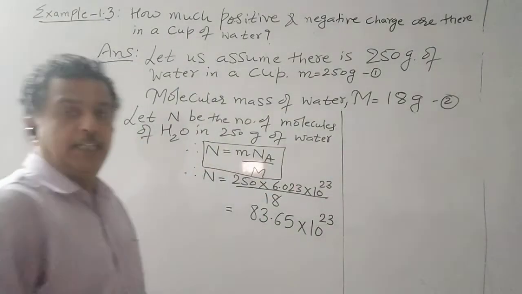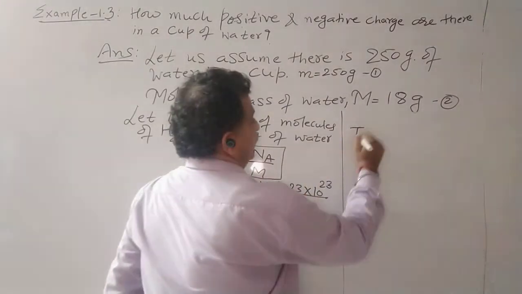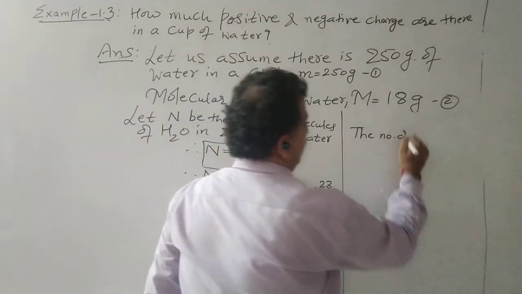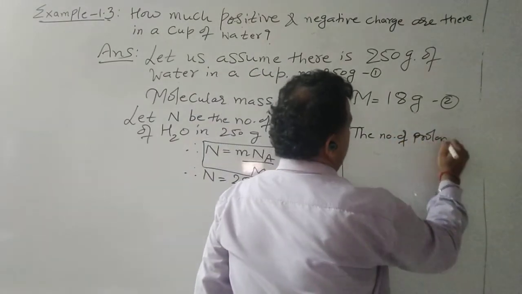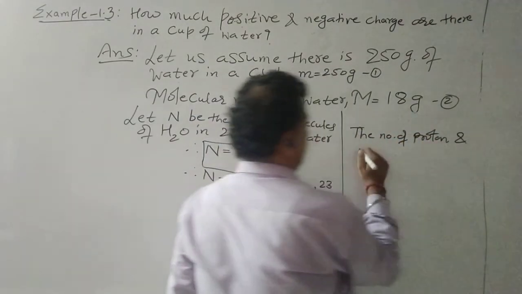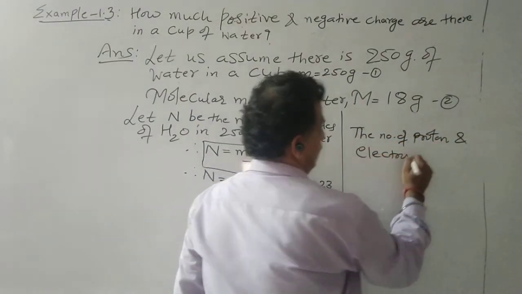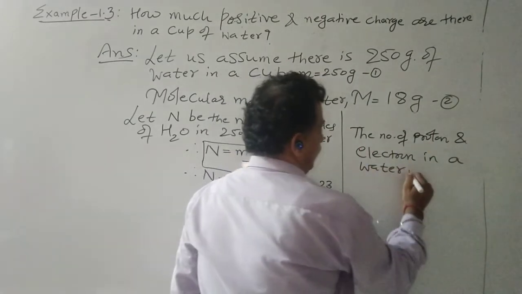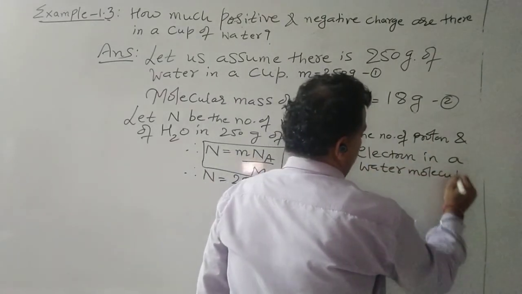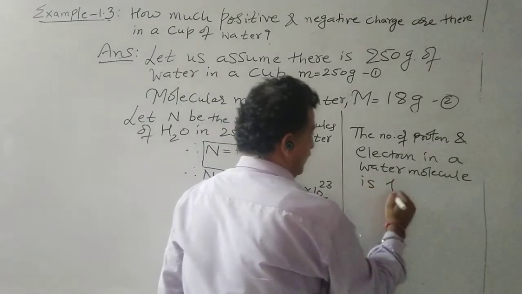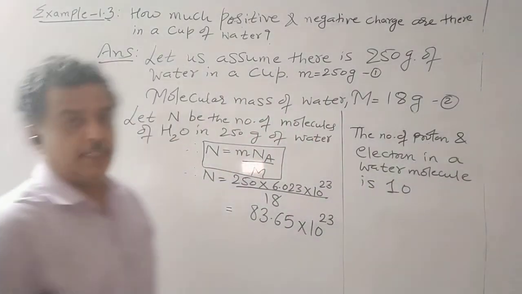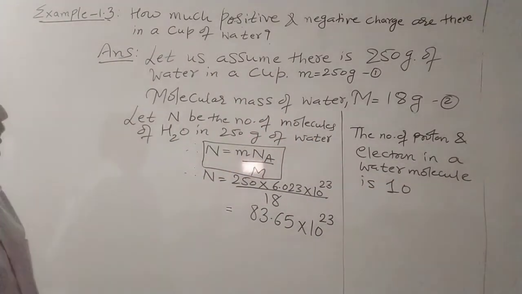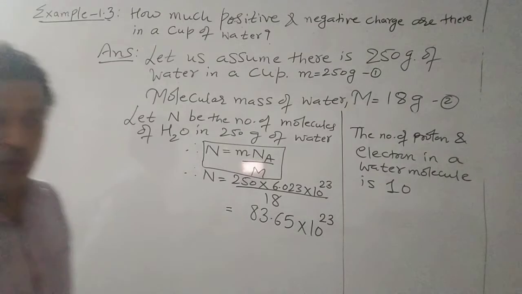So we write the theory as: the number of protons and electrons in a water molecule is 10. So there are 10 protons and 10 electrons.